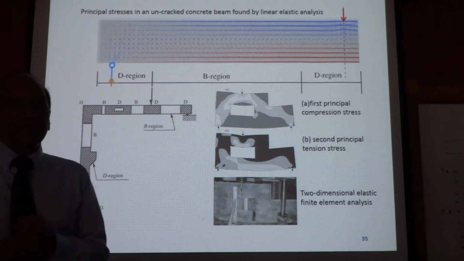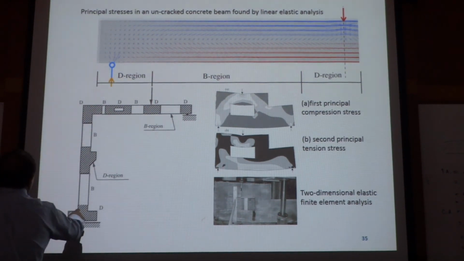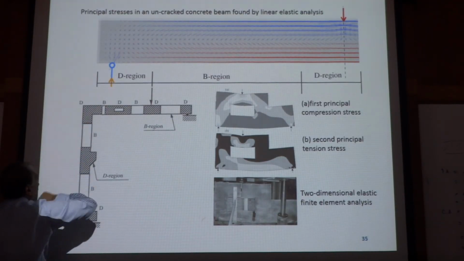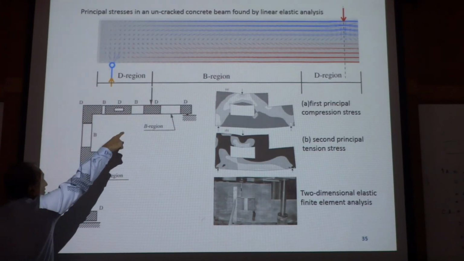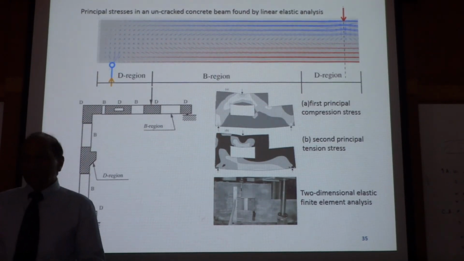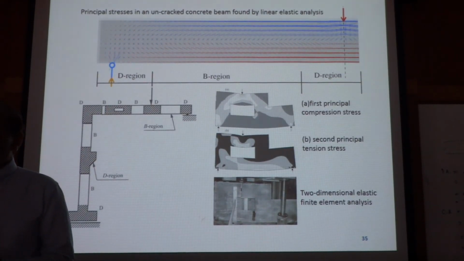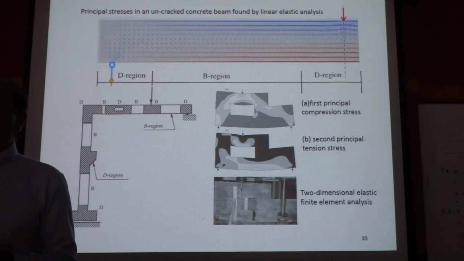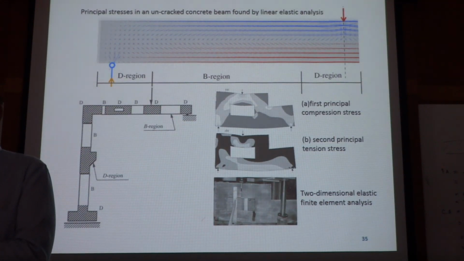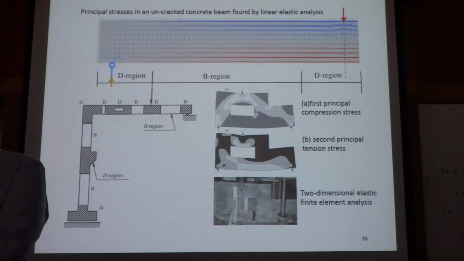So basically we are talking about foundations, footings, brackets and corbels, joints, openings, concentrated loads, supports. All of these areas that you can see from this diagram need special attention, or are areas where you can use the strut and tie model as an alternate design tool. Clear?